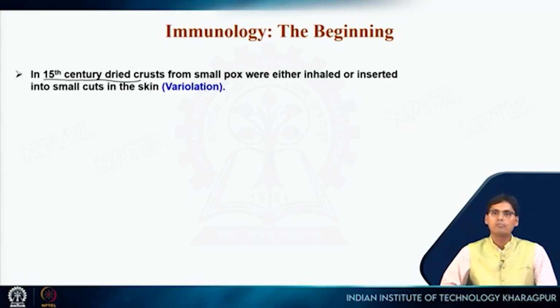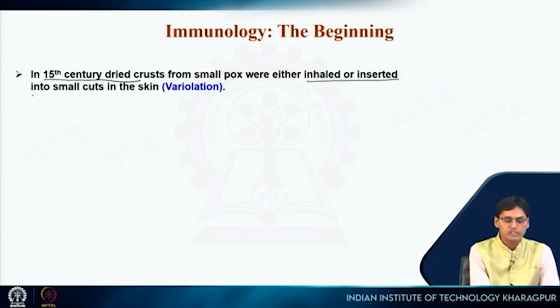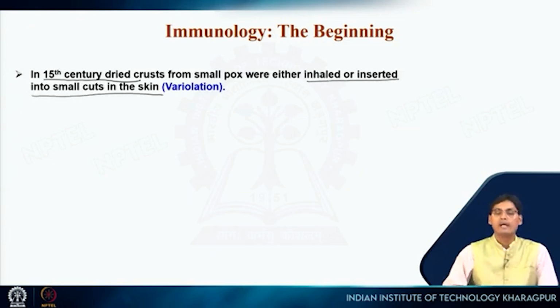After the smallpox, that dried crust on the skin was kept dried, and maybe one year later it was inhaled or inserted into small cuts in the skin, and this process is called variolation.